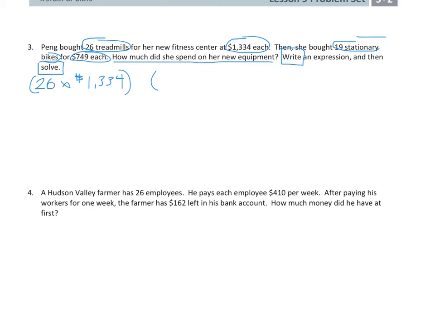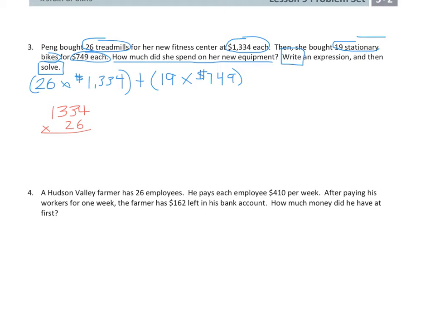And then we would take the 19 bikes that she wanted to buy and then figure out that each bike is $749. So those are the bikes. And then to figure out how much she spent altogether, we would then just add those numbers together. So this is our expression. Remember, expression is just the problem without an actual answer. So let's go ahead and solve.